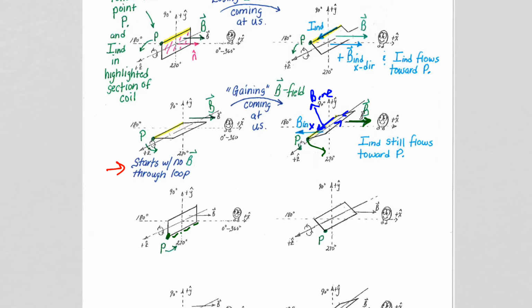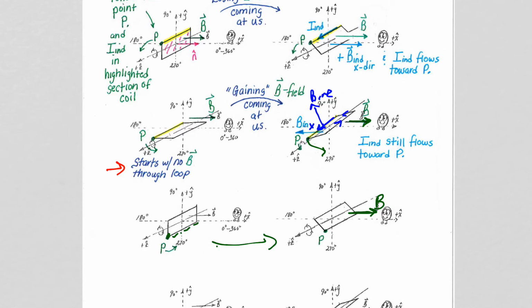So as the point P begins to rotate up, we are now losing B field coming at us. So remember, B external is coming at us, and we're now losing B field coming at us.